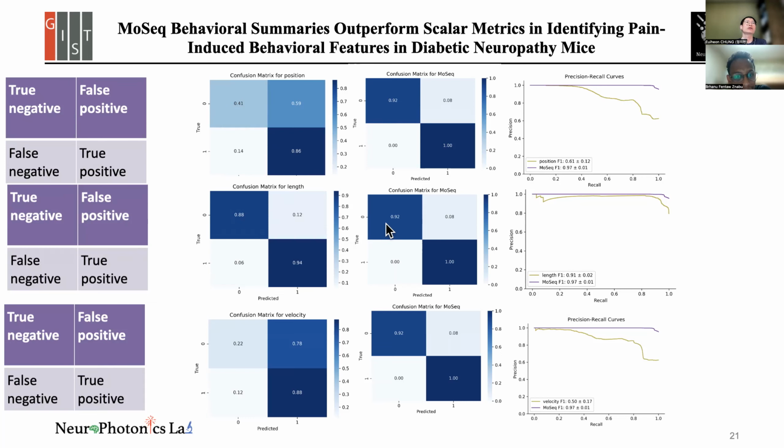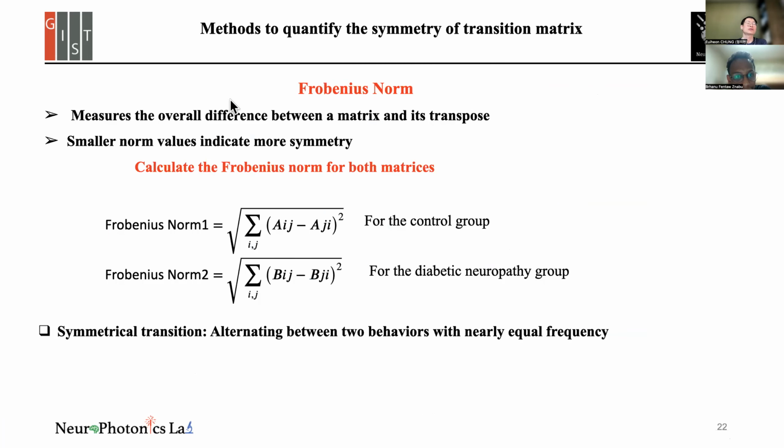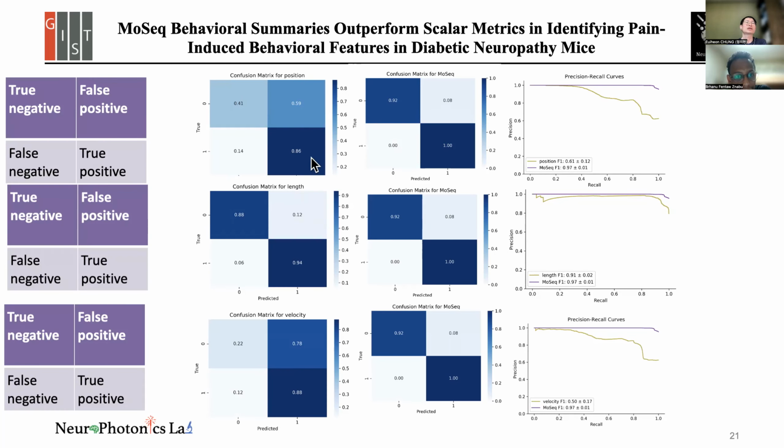Oh, another thing, please make this number big. Nobody can see. I know you're putting color coding, but that's not that important. The numbers are also better to be enlarged. Y is x, axis is 0, 1. Okay, true, false negative, true positive, 1, 1, 0, 0.